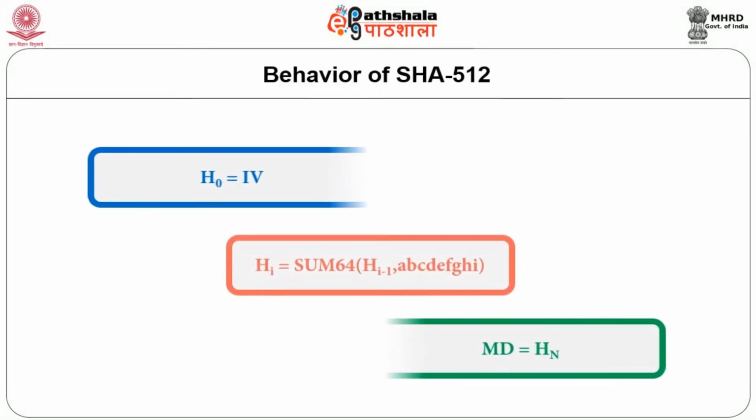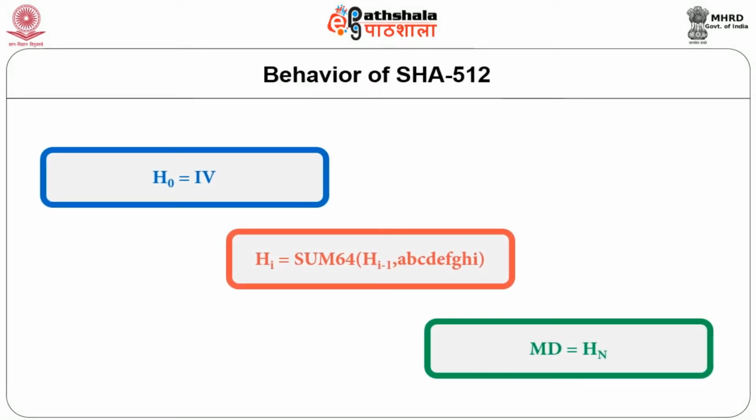If we want to put the behavior of this algorithm into equations, we would start with H0 equal to IV, that is the initialization vector. In each round we are going to perform the summation with the modulo 2^64 operation.